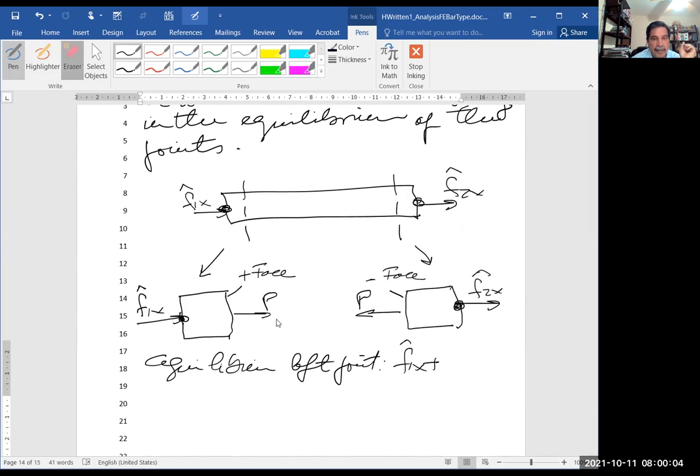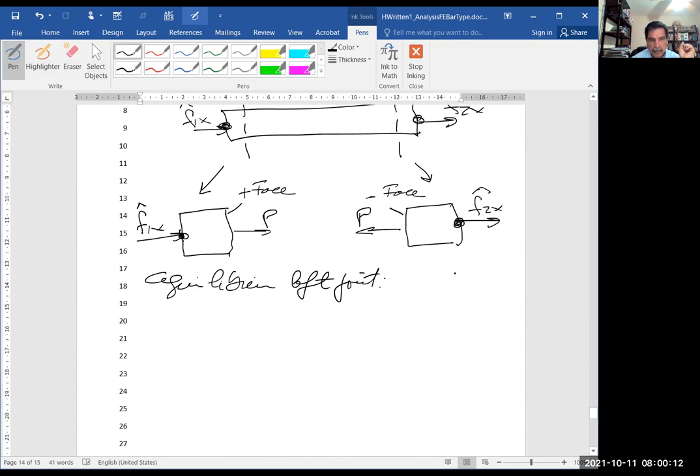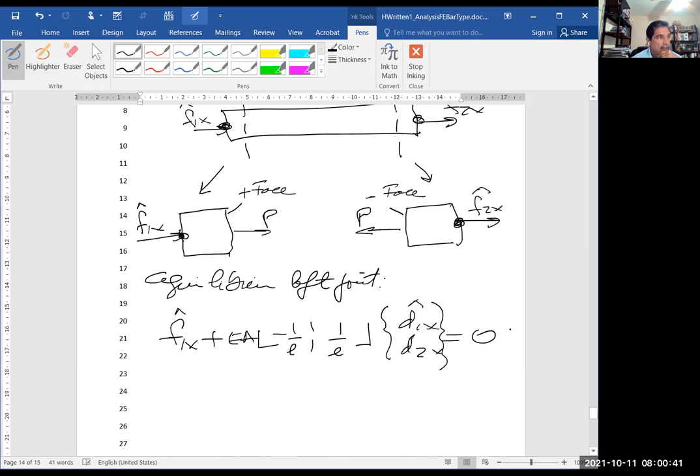This points to the right as positive. So here I have EA times minus 1 over L, 1 over L, multiplied by D1x, D2x. So this is the equilibrium of the first joint.